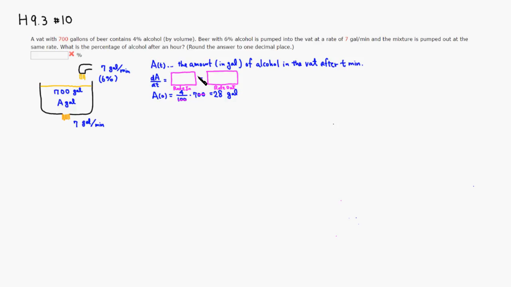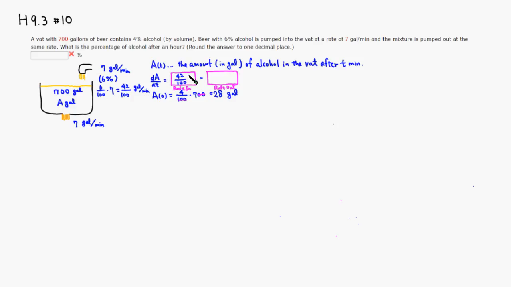You have 6% alcohol poured in at the rate of 7 gallons per minute, so multiply 6 over 100 by 7 gallons. This is 42 over 100 gallons per minute.